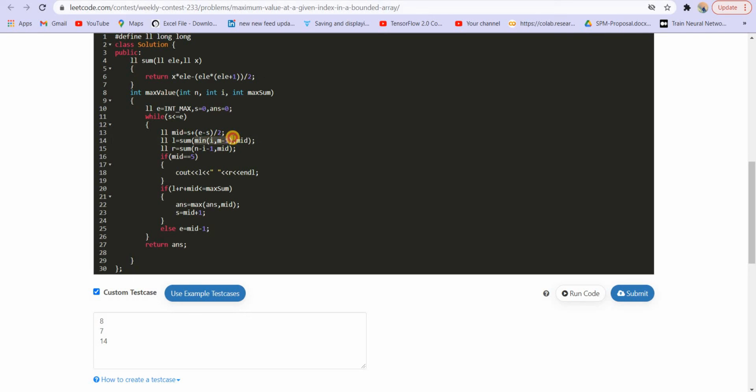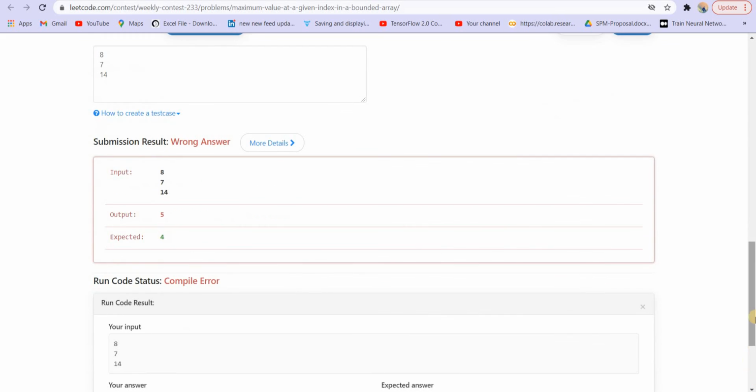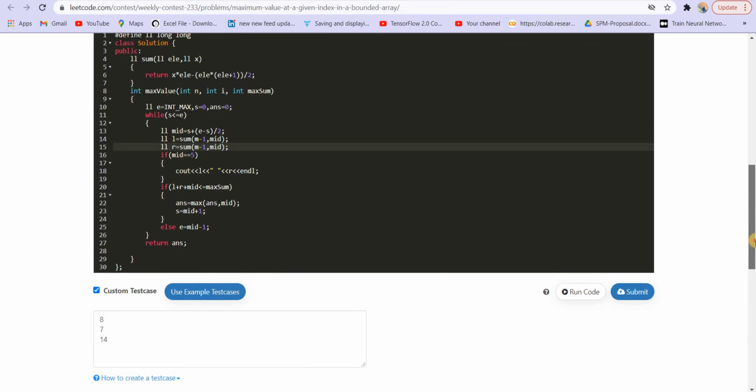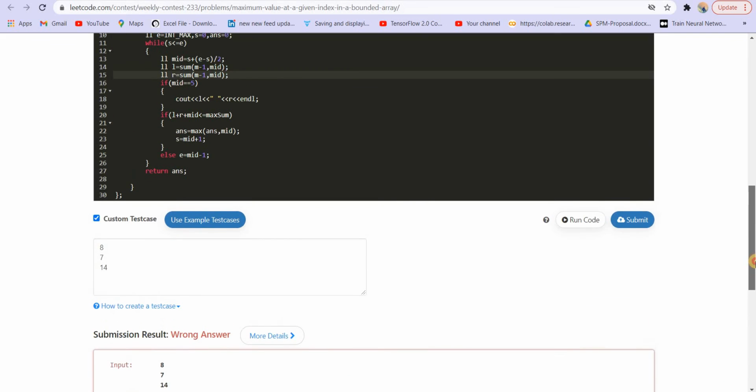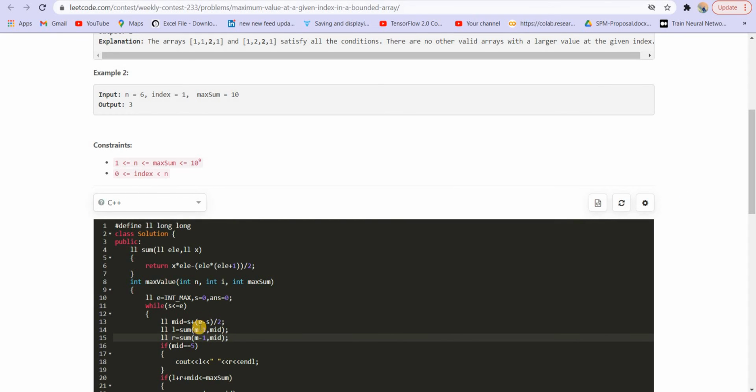So, or in other terms, what I can say is I can simply use mid minus 1 as well. Like, these many elements will be there, and here also I can use mid minus 1. These many elements could be there. What happened now? Mid minus 1 actually.